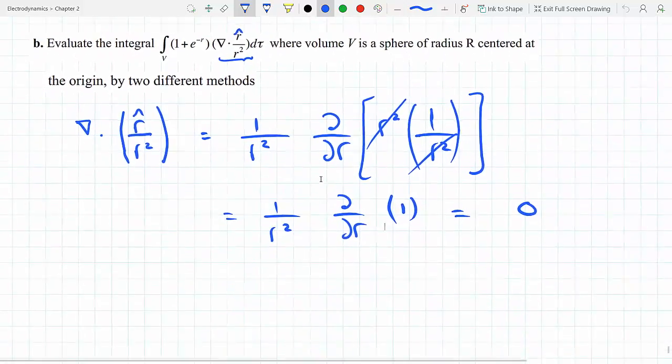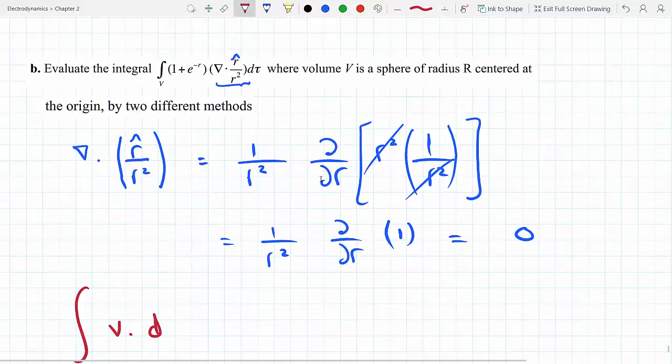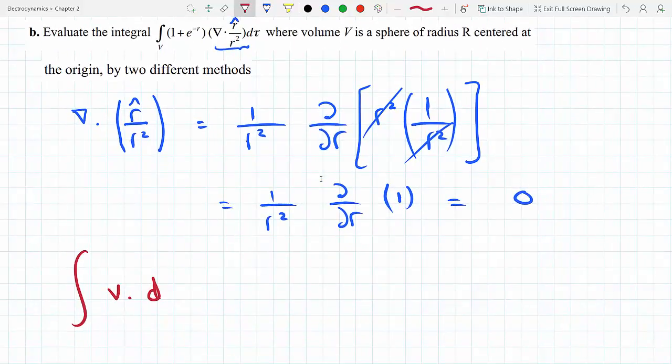Now, if you integrate this, the integral of V dot dA, right?